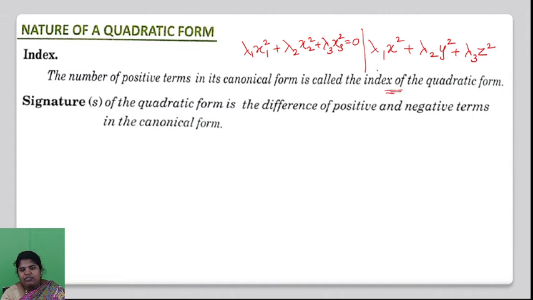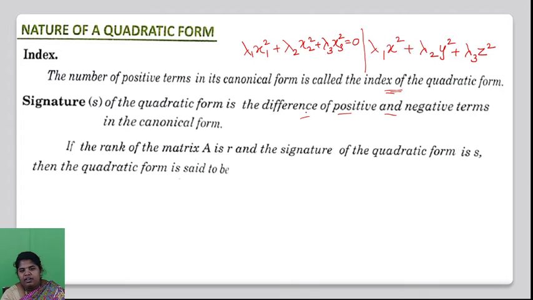Now signature of the quadratic form is the difference of the positive terms and the negative terms in the canonical form. So the difference between positive and negative terms in the quadratic form is said to be the signature of the quadratic form.